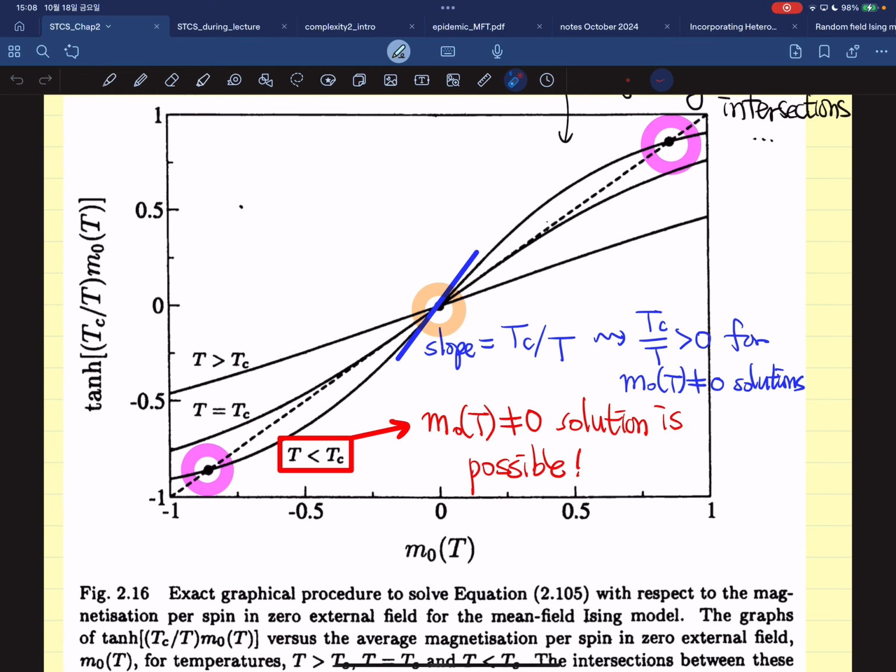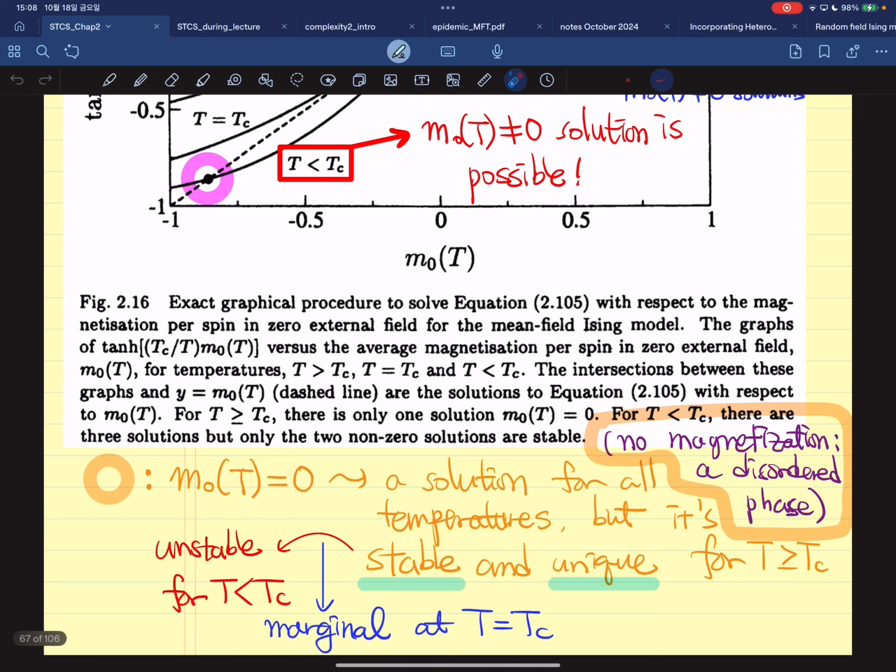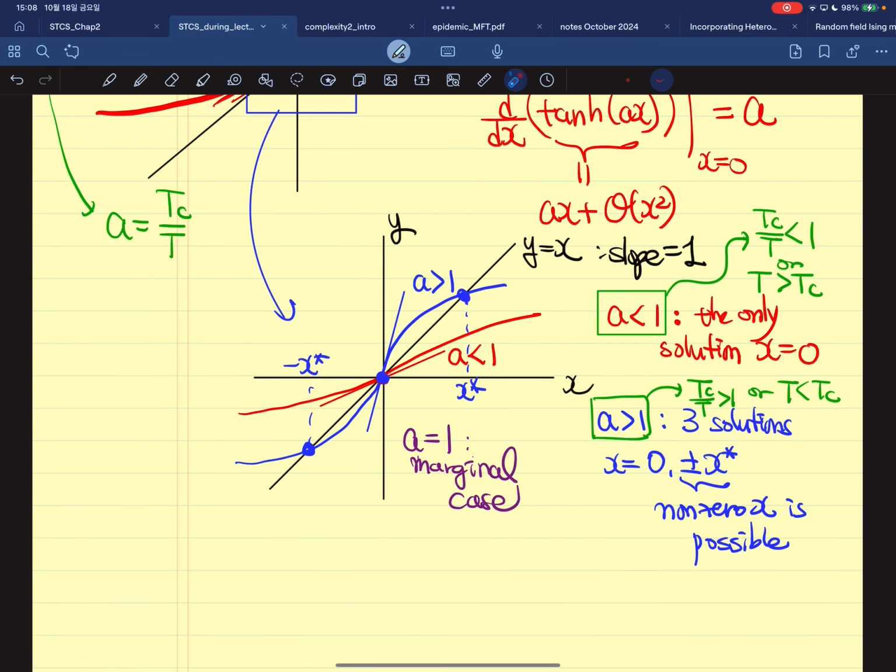I will not do this stability analysis as well, but here I said that 3 solutions is possible. But if you actually do the stability analysis, we can prove that this solution is unstable. So the stable solution here is the non-zero solution, either plus m or minus m.